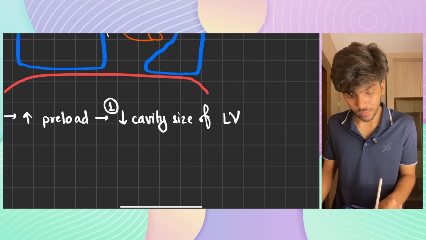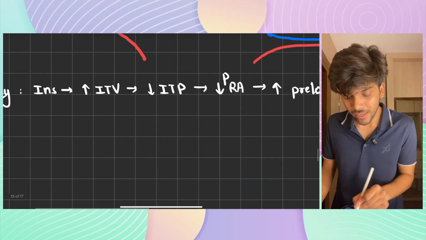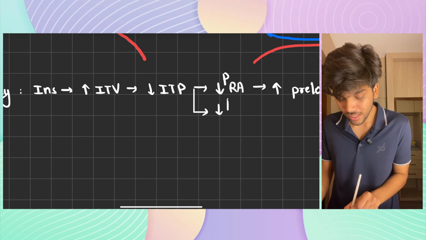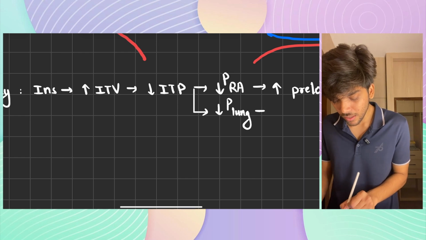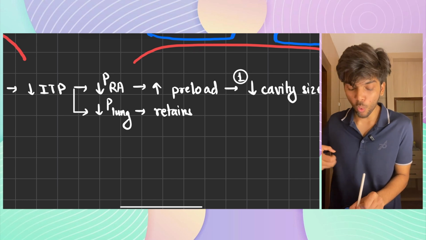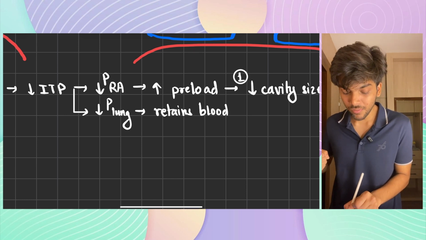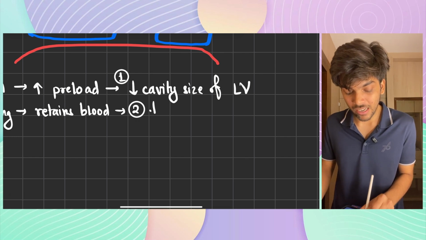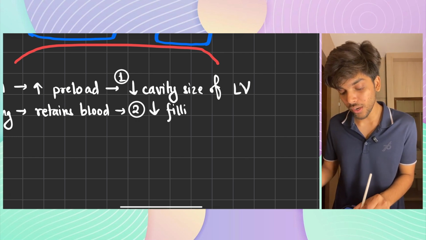The decrease in pressure is not just in the right atrium. There is also a decrease in pressure in the lung. As a result, the lung retains blood. It holds blood in itself. So there is, number two, less filling of the left ventricle through the left atrium.